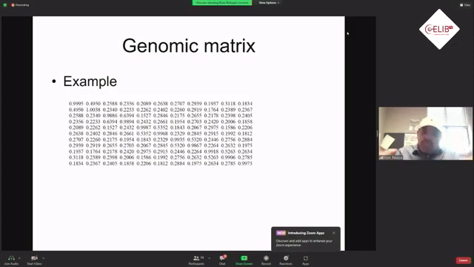Now, going back to our question, you cannot invert G because it's extremely dense. There is no zero element in that matrix. As soon as you have a matrix like this one of 10,000 rows by 10,000 columns, meaning you have 10,000 genotyped animals, it becomes computationally impossible to compute that inverse.